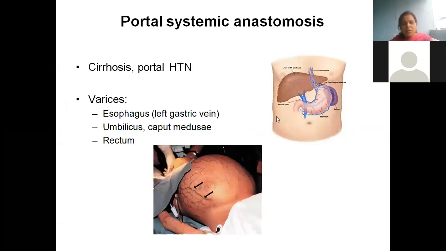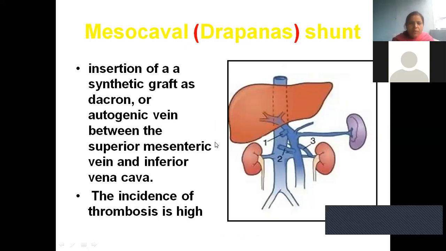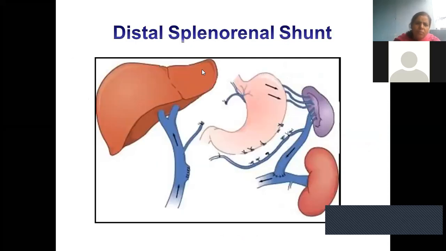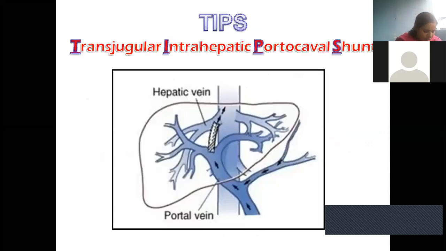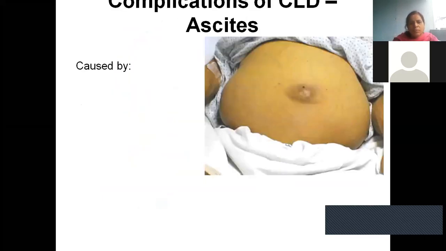So there may be ascites also. Ascites means that in case of liver failure, there will be accumulation of fluid in the abdominal cavity. You call this condition ascites.